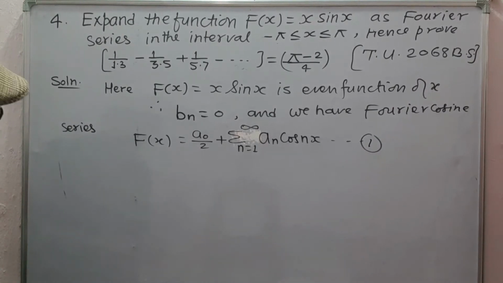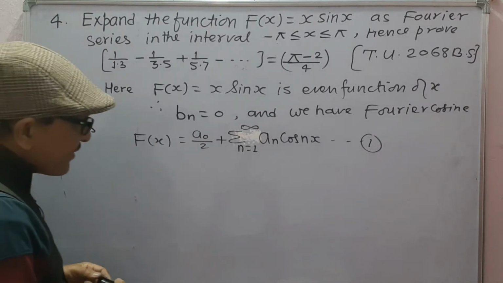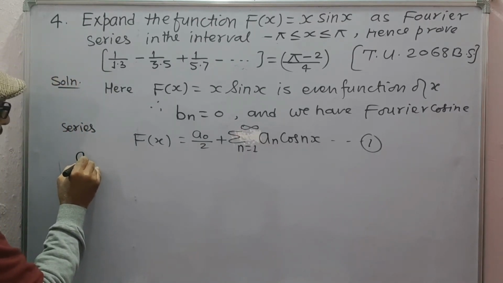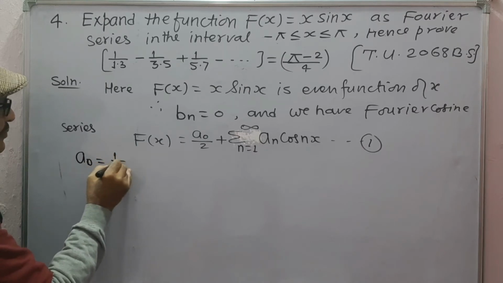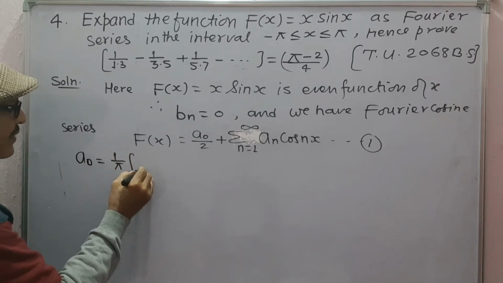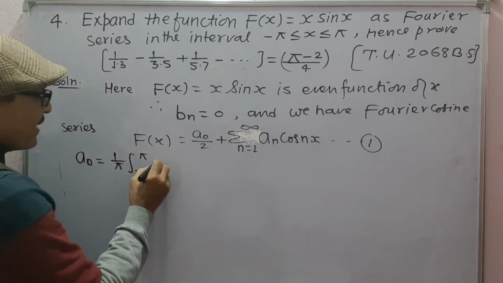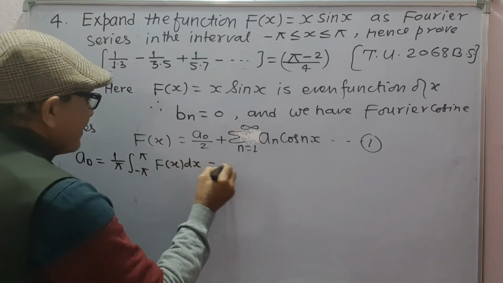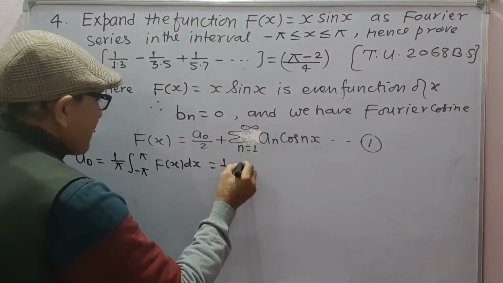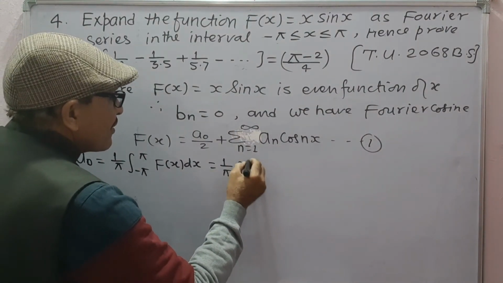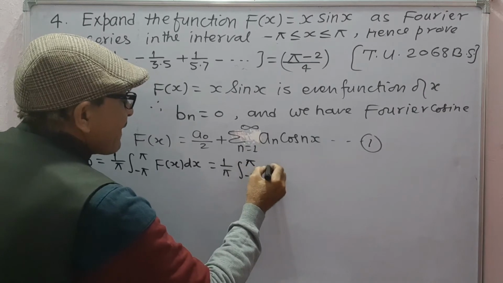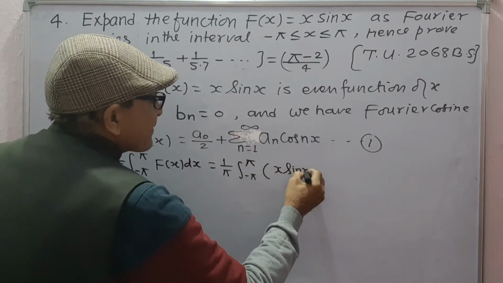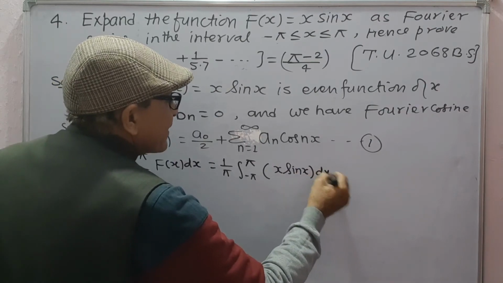Now we find a naught and an. A naught will be equal to 1 upon pi integral from minus pi to pi of fx dx. This is 1 upon pi integral from minus pi to pi, fx is x sin x dx.